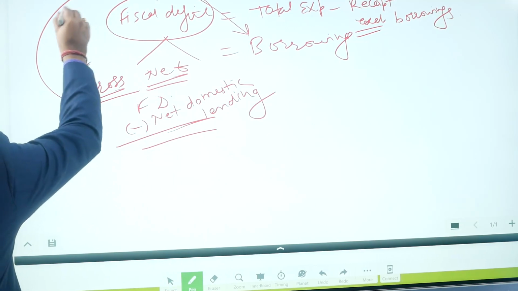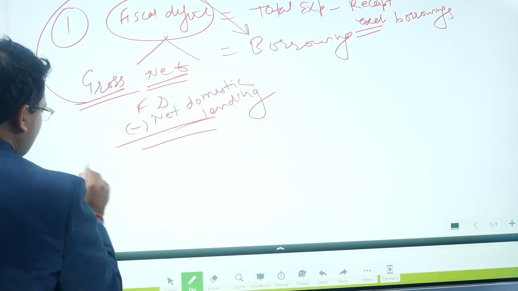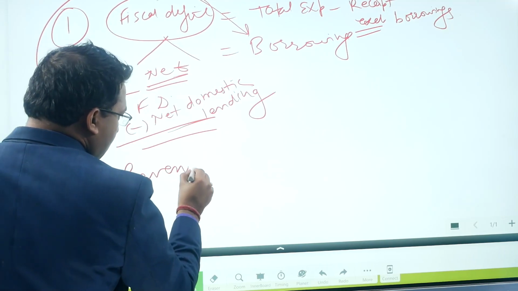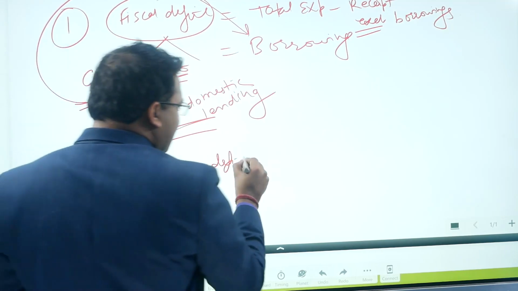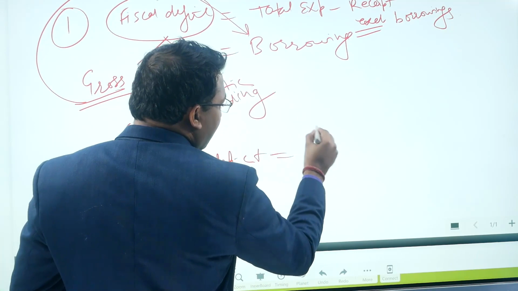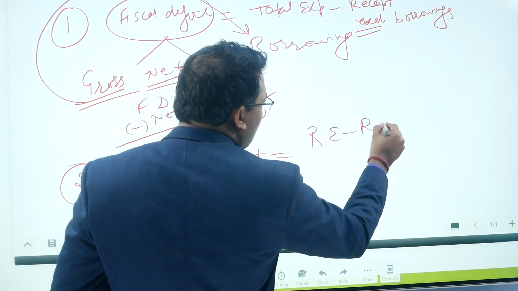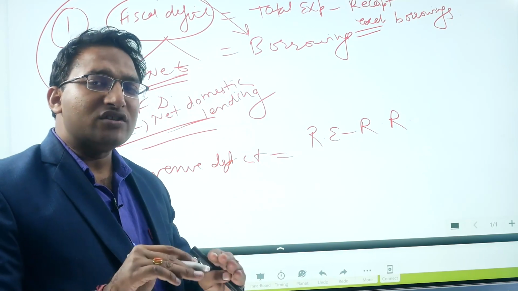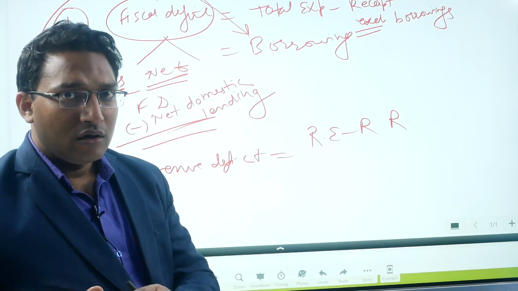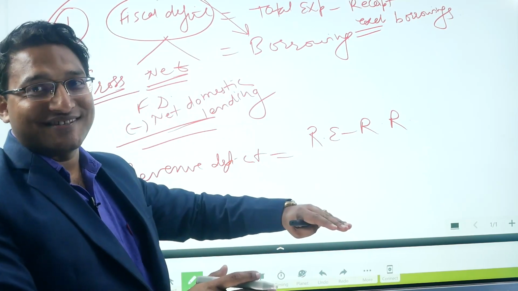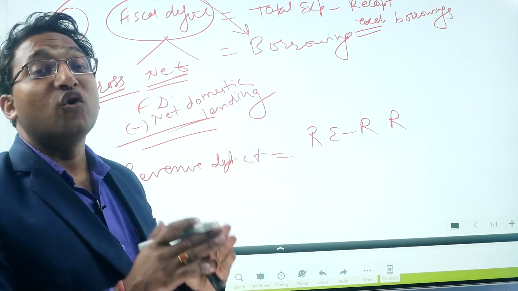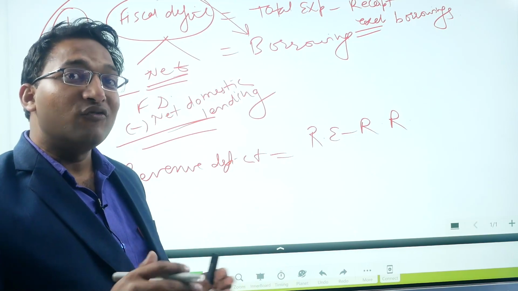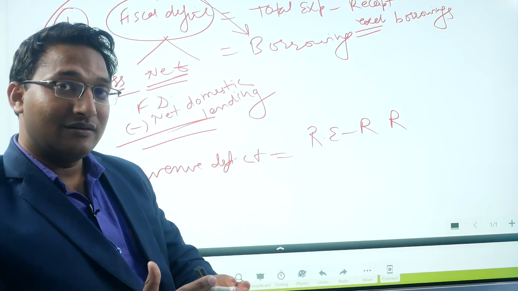This is the first term. The second term is revenue deficit. Revenue deficit is basically very, very easy: the revenue expenditure minus revenue receipt. That means the amount which the government has to borrow for its day-to-day operations. This deficit is very dangerous because the government is borrowing for consumption purposes.